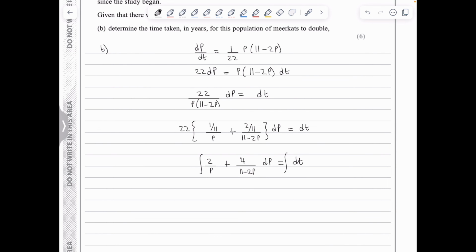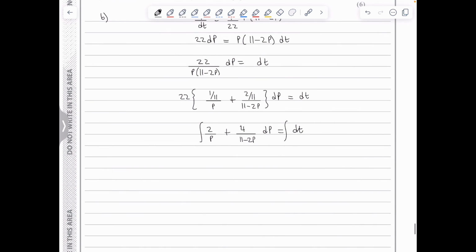Well, the integral of 2/p is 2 ln|p| plus 4 ln of 11 − 2p, but I need to divide outside by the −2, the derivative of 11 − 2p, and this is equal to t plus c.